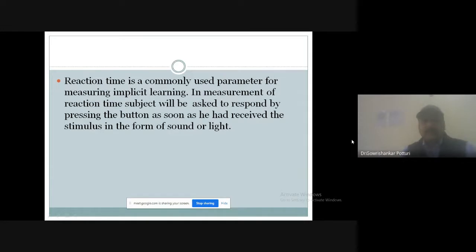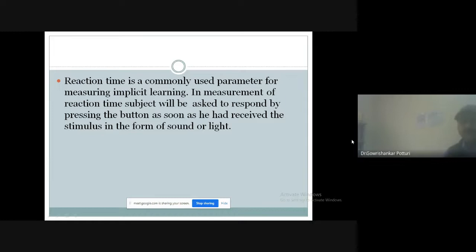Reaction time is a commonly used parameter for measuring implicit learning. In its measurement, the subject will be asked to respond by pressing a button as soon as he receives the signal or stimulus in the form of sound or light.